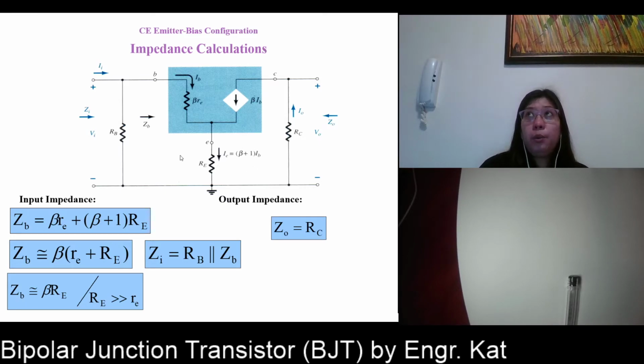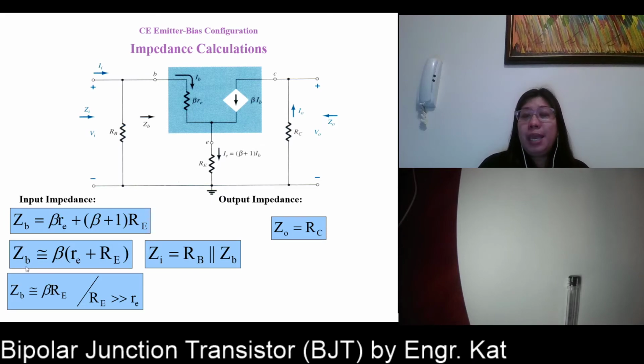Do you still remember that in our DC analysis, what we see in the input side is no longer just RE, but RE multiplied by your beta? So the impedance shown at the input side is not just the value of RE, but it is amplified by the value of your beta.